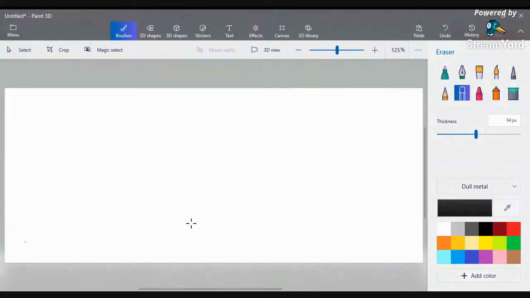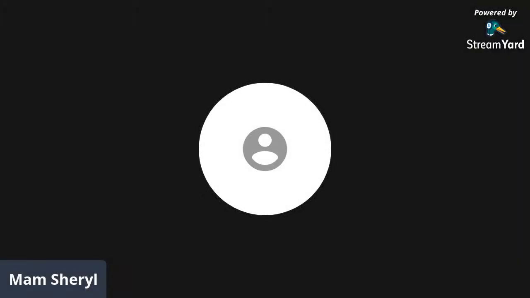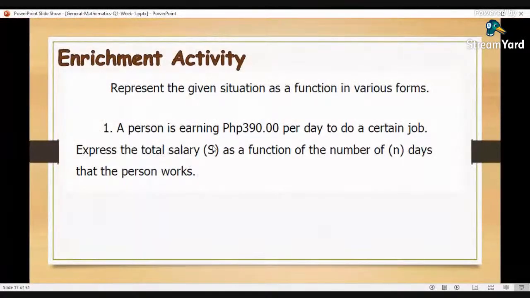Okay. The enrichment activity states, number 1: a person is earning 390 pesos per day to do a certain job. Express the total salary as a function of the number of n days that the person works.